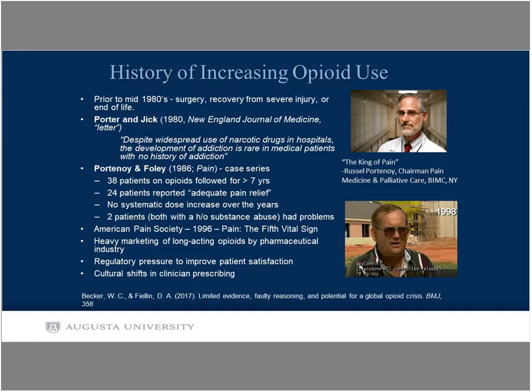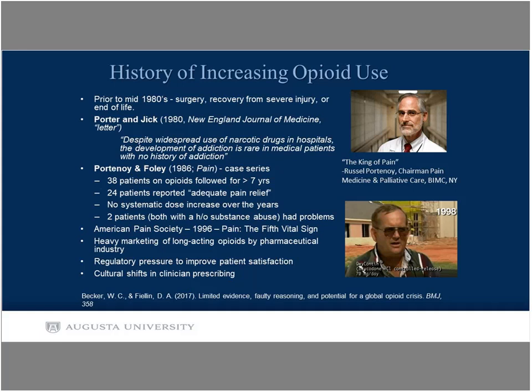Russell Portenoy, whose nickname is now the King of Pain, seized on this issue and published a manuscript in the journal Pain in 1986 that looked at what is actually a very small number of patients, 38 patients on opioids followed over 7 years. 24 of those patients reported adequate pain relief.